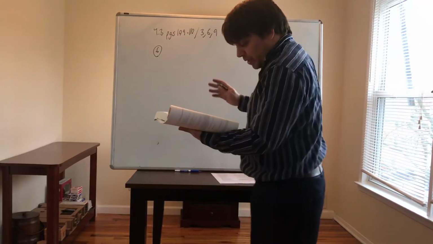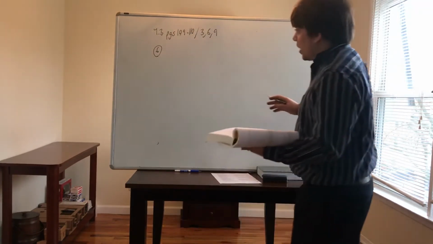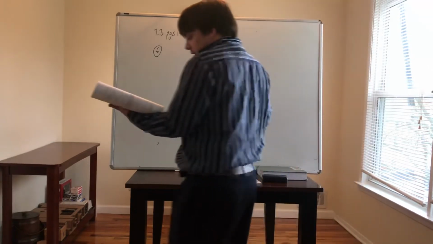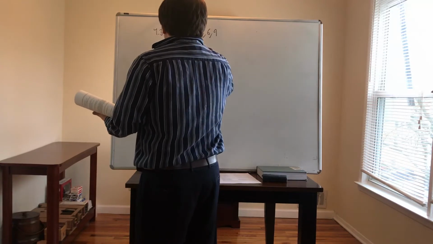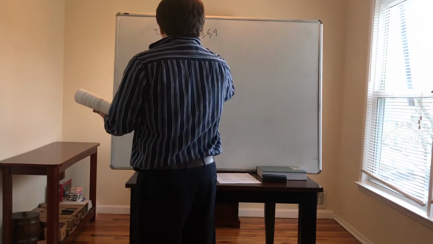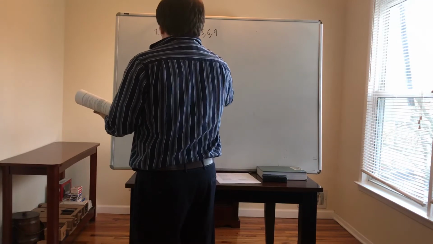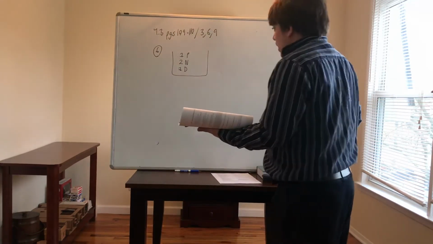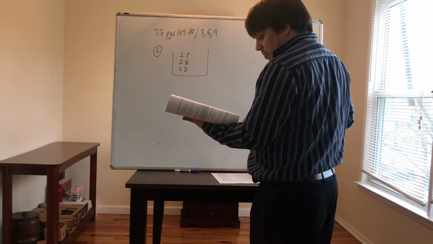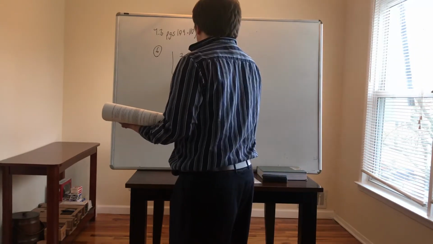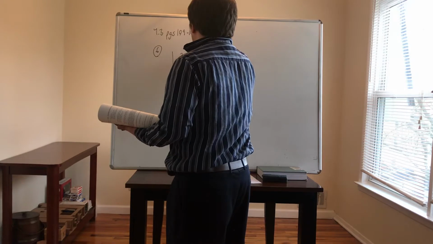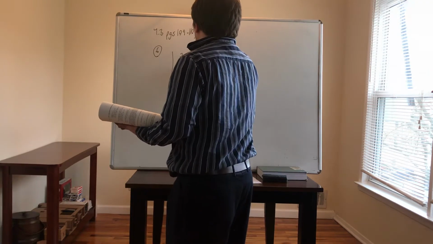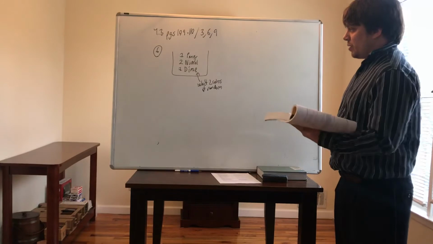Okay, so for number 6, on page 109, it says a box contains a penny, 2 nickels, and a dime. There's the box. It contains 1 penny, 2 nickels, and 1 dime. If 2 coins are selected at random from the box, so we're going to select 2 coins at random. This is a penny, this is a nickel, this is a dime, okay? 1 penny, 2 nickels, 1 dime.